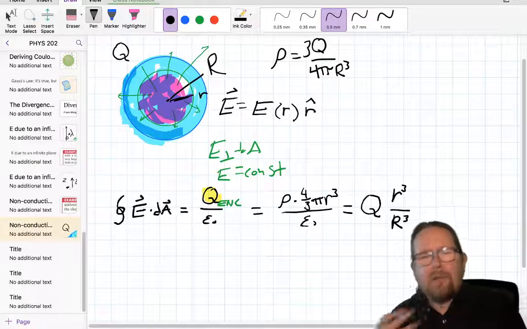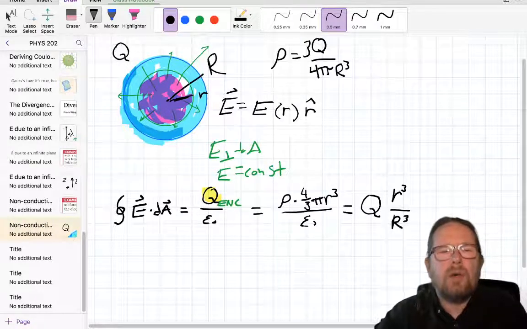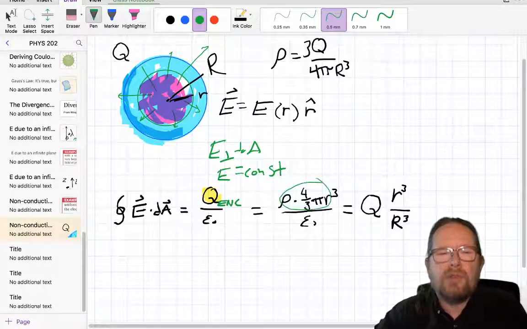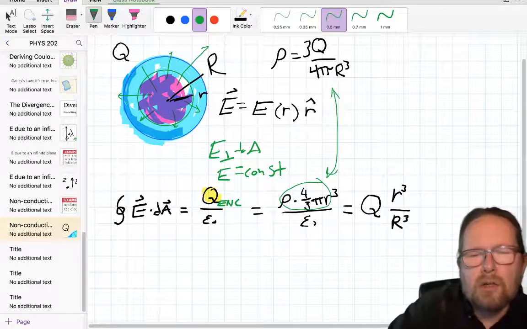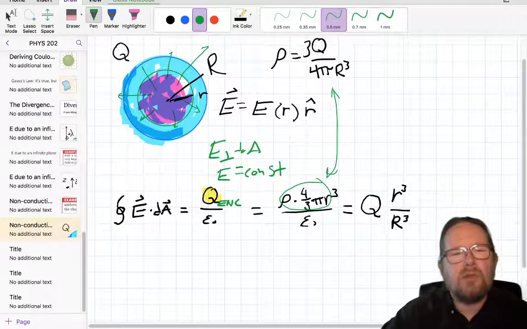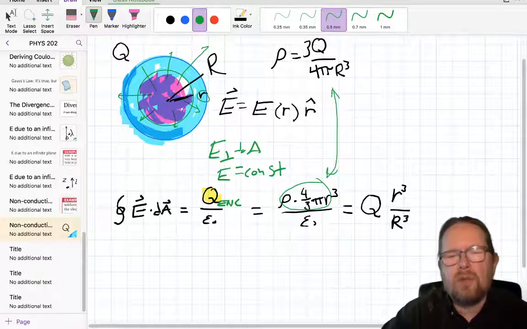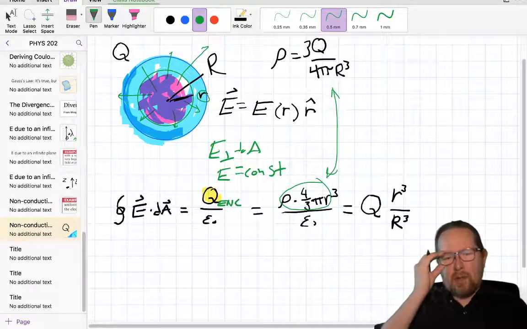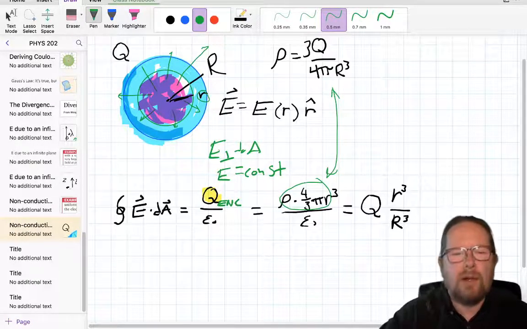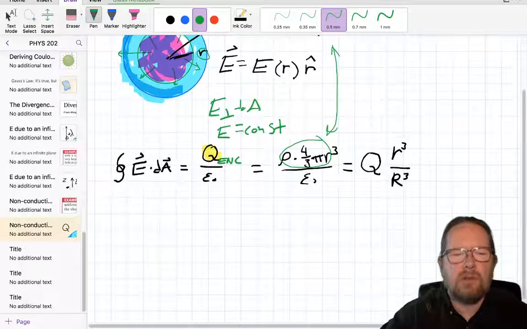If that's not obvious to you, pause the video and go through this calculation to show that the charge enclosed in this little surface of radius little r is equal to the total charge of the sphere times the ratio of the cubes of the radii of our two spheres. Hopefully that is kind of obvious.